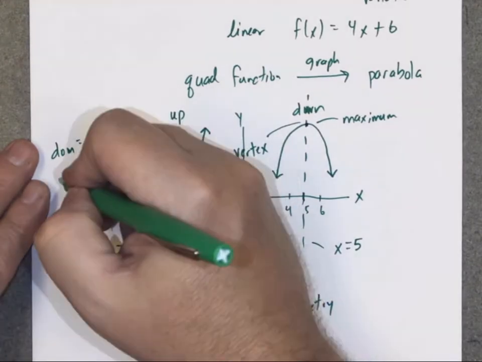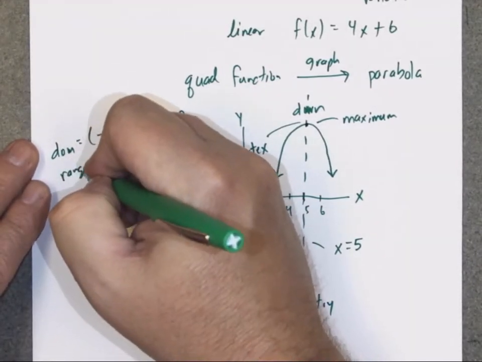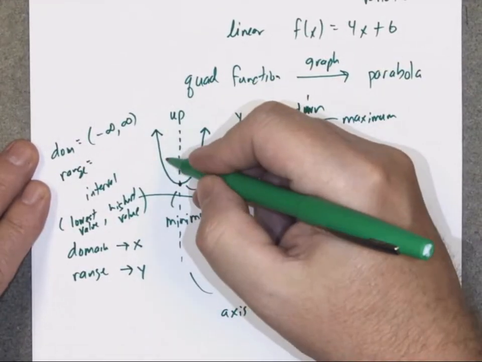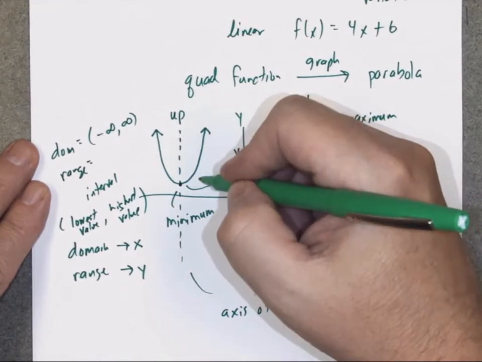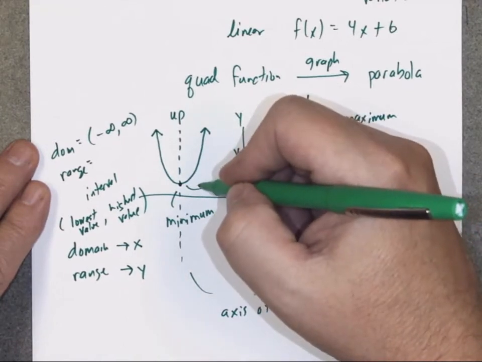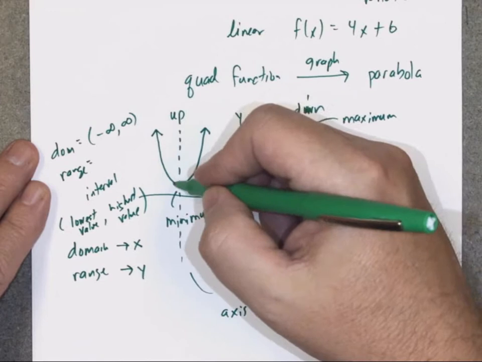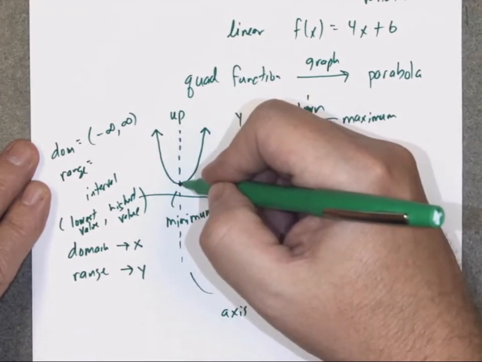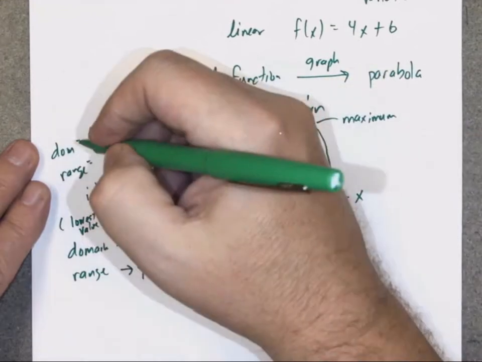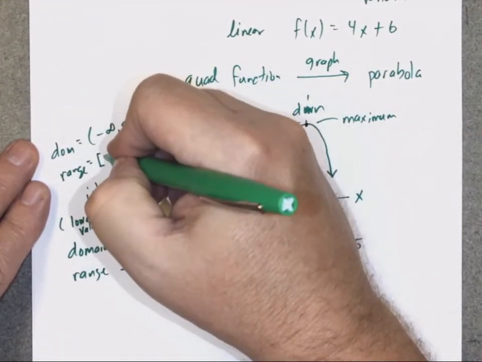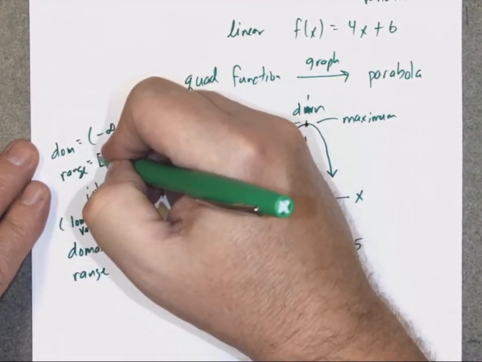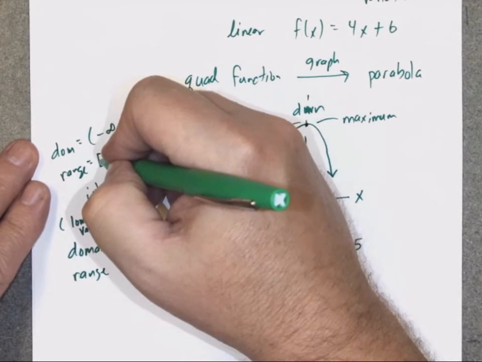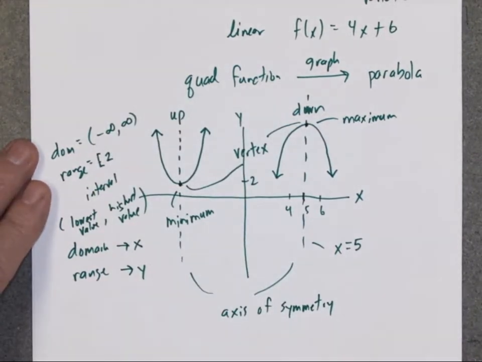So what would we say about the range? What's the smallest value of this graph in terms of y? How far down does this graph go? Well, this is the lowest point, and it's at 2. So we say for the range, it starts at 2, and since it includes 2, we put a bracket there.